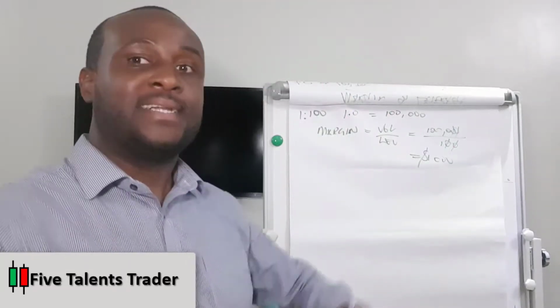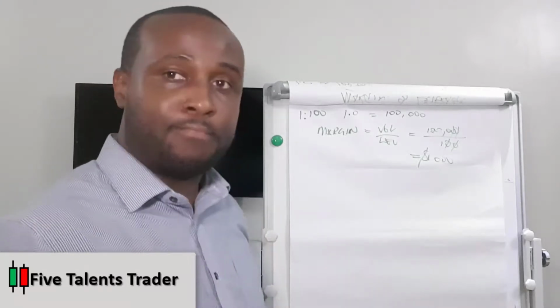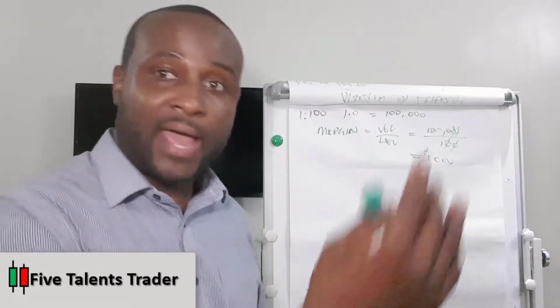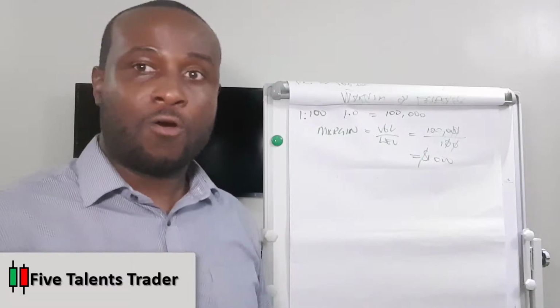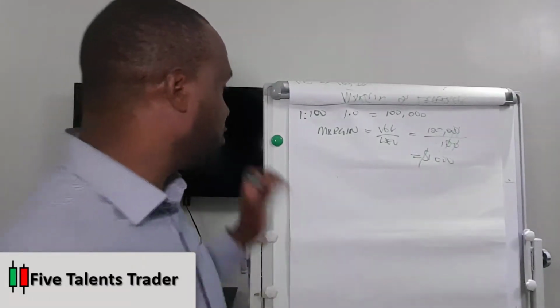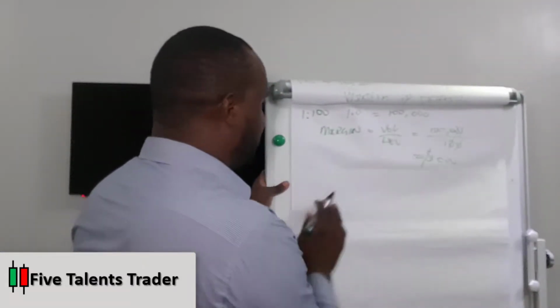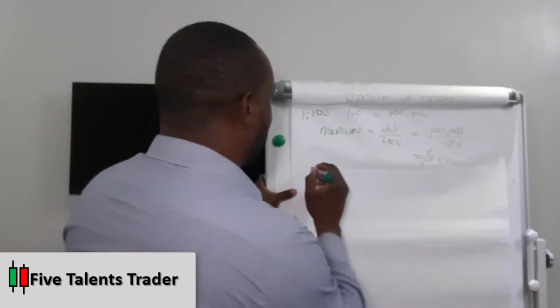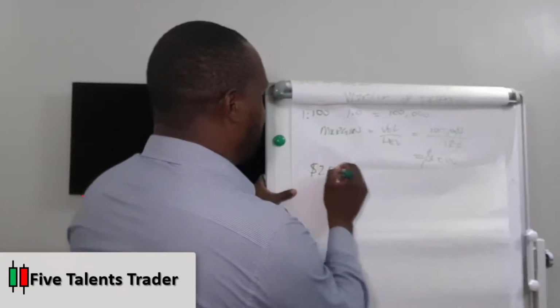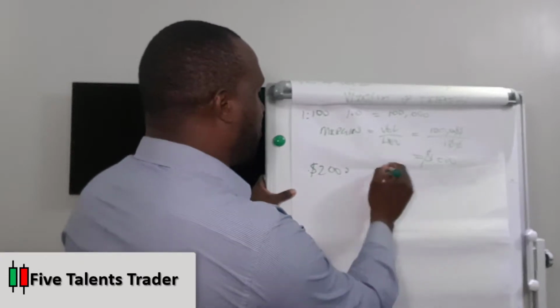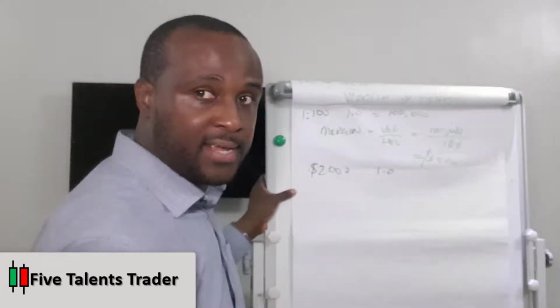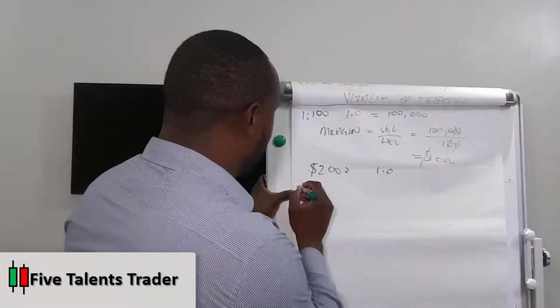And also that $1,000 is now the money you have around to help manage the trade you have open. So in essence, what I'm saying is, if you have $2,000 in your account, you take a 1.0 lot trade, the broker takes away margin.